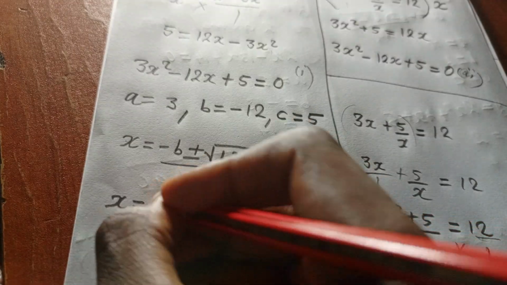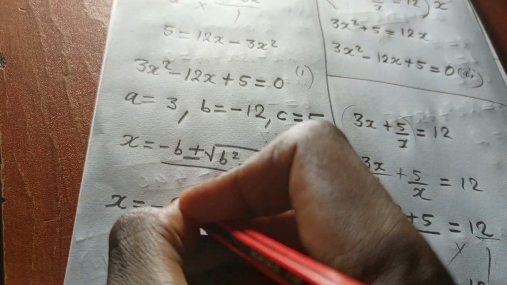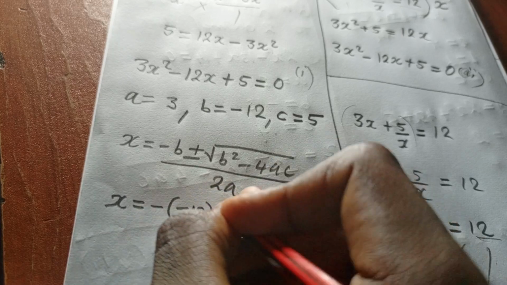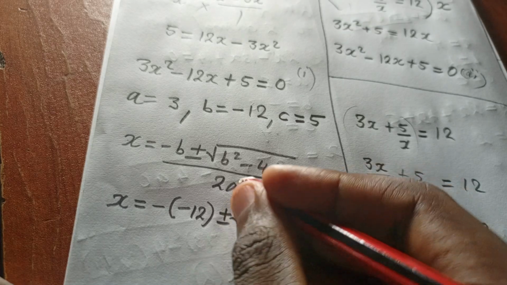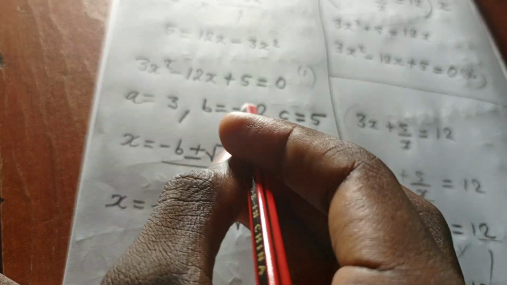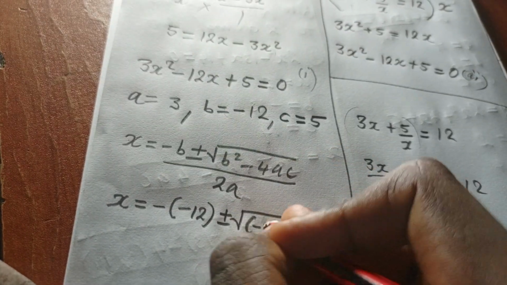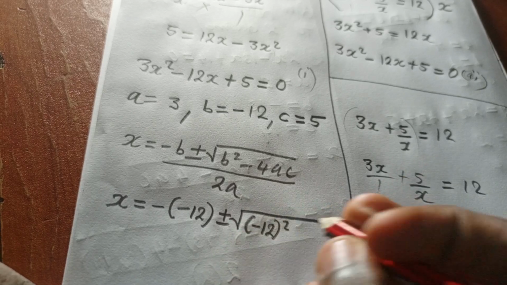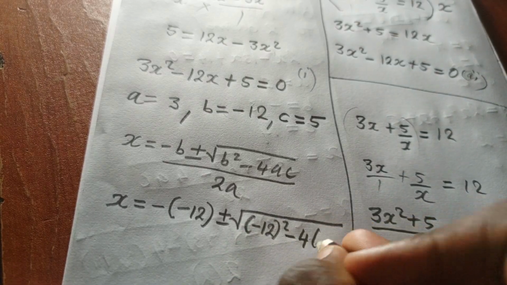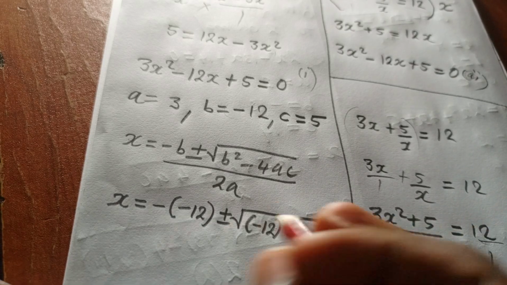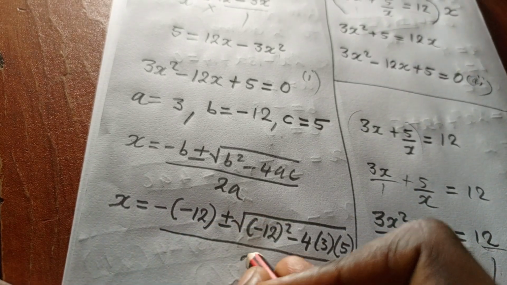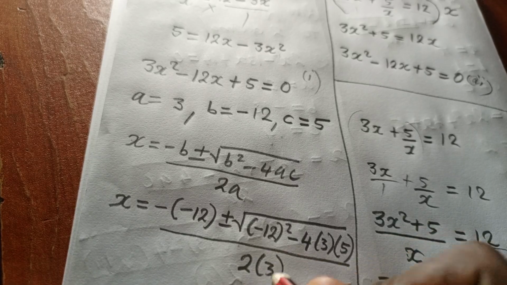So there's a minus there, then we open the brackets, minus 12. Then plus or minus the root of b squared. So our b squared there, we know the b is negative 12. So plug in there, negative 12 squared minus 4. Our a is 3. Then our c is 5. Then over 2a, that's 3.